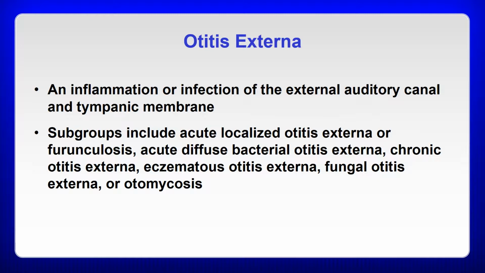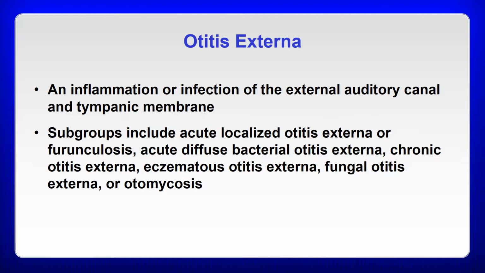Otitis externa, so this is an ear infection, as we're going to talk about different types of ear infections that affect different parts of the ear. So this is an inflammation or infection of the external auditory canal and tympanic membrane. This is what is commonly known as swimmer's ear. So this is very common in water sports. I have a couple other types of subgroups listed here.